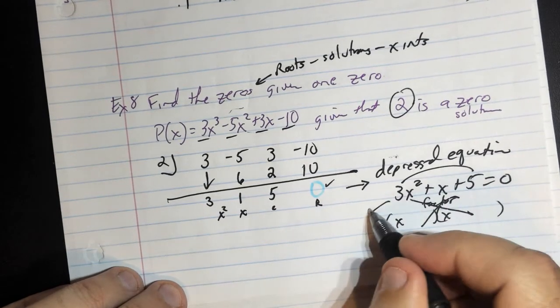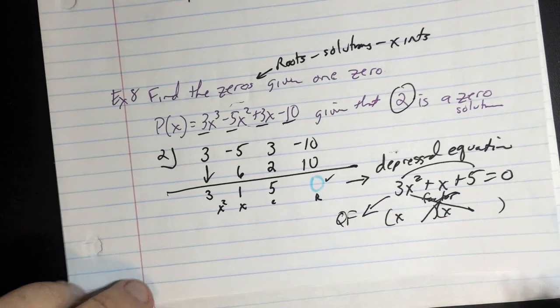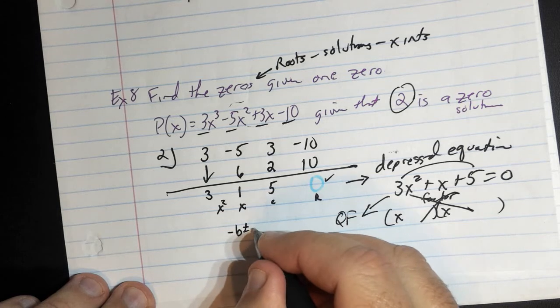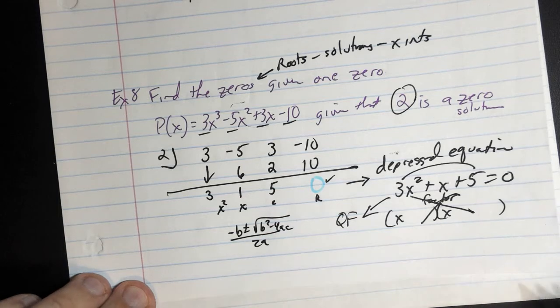So what we have to do now is take that depressed equation and put it in the quadratic formula. I just want to make sure before I did it. So remember the quadratic formula: negative b plus or minus the square root of b squared minus 4ac, all over 2a.